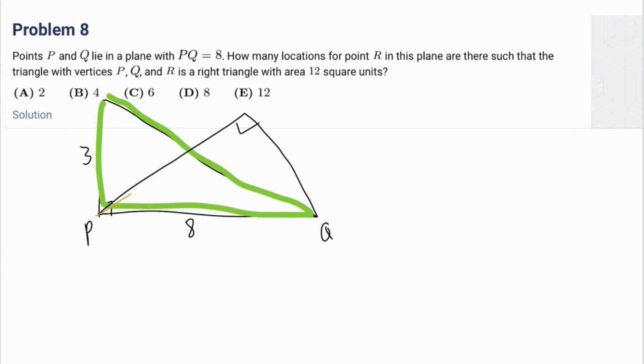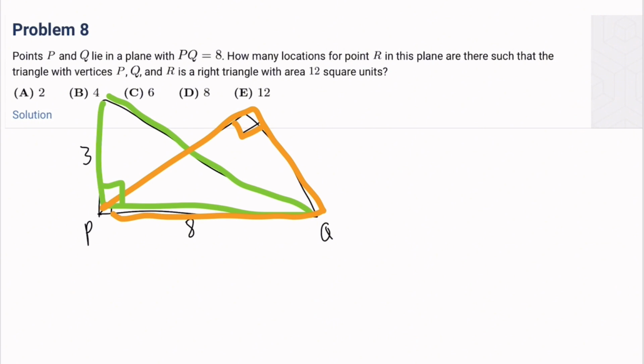And so this length times this length would be 24, right? And this would be 3, right? And so we have this kind of triangle with the right angle on the outside, and this has the right angle on the P and Q, right?